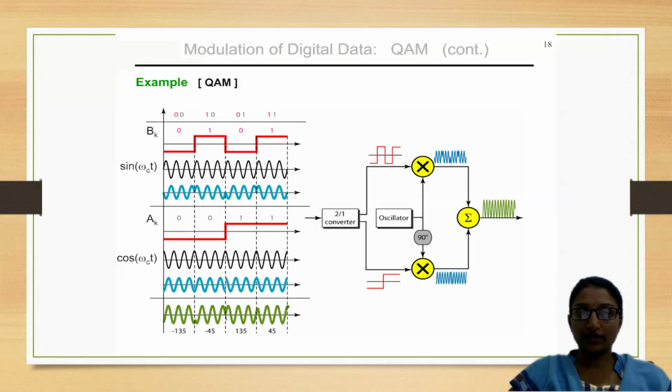For odd bits I am giving a sine waveform, and for even bits a cos waveform. Two product modulators are used, for sine and cos. You can observe a 90 degrees phase shift that indicates one is sine and the other is cos. The phase difference between sine and cos is 90 degrees, as we know. The output of these two signals is given to a summation to get the QAM modulated signal.